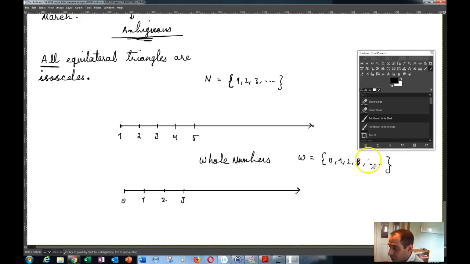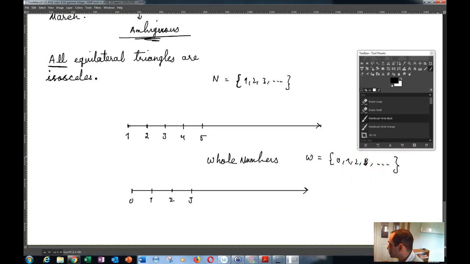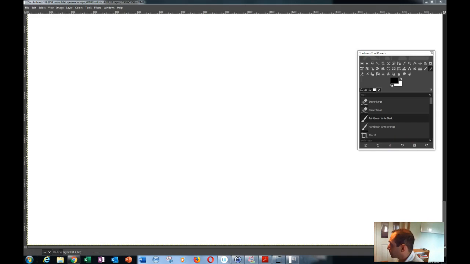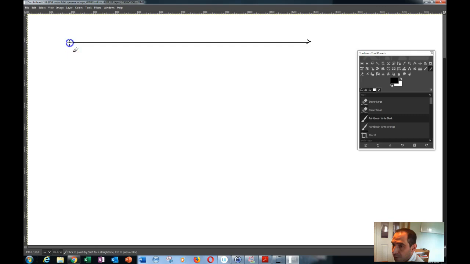And then when it comes to the set of integers, you have your number line over here, and the set of integers is I. So you have 0, 1, 2, 3, and so on and so forth, and -1, -2, -3, and all the way to negative infinity.